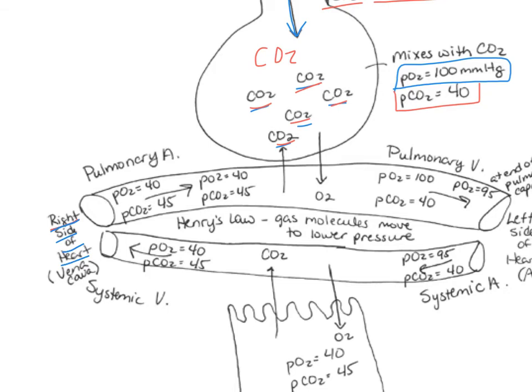It's not going to have a lot of oxygen. That's why it's coming to the lungs, so it can pick up oxygen. So the blood coming to the alveolus is going to have a lower PO2. It's deoxygenated, so it has a PO2 of 40.